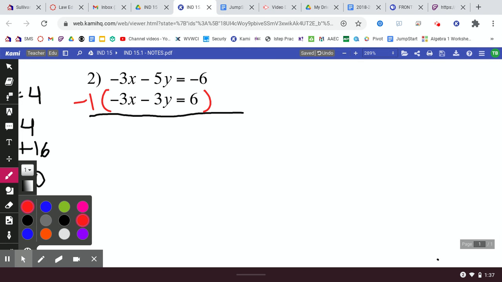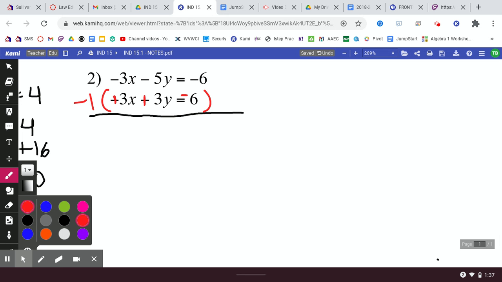So this is called manipulation, or forcing something to eliminate. I'm going to multiply that whole bottom equation by negative 1. By doing that, I don't change the value of it, because it's always fair in math. If I do one, I do all. So if I change this to a positive, this changes to a positive, and the 6 would turn to a negative.